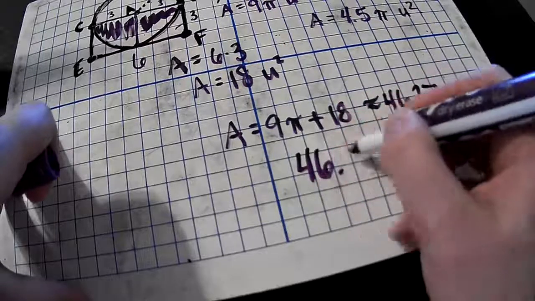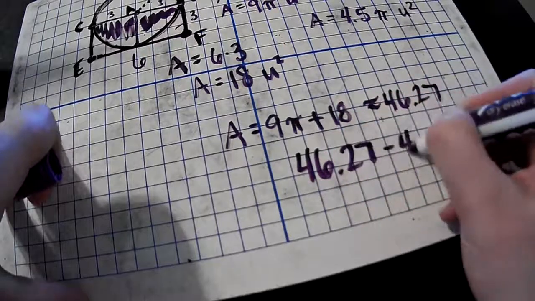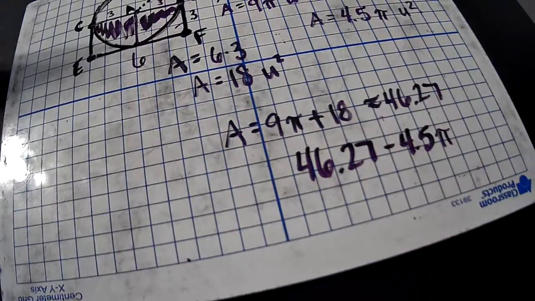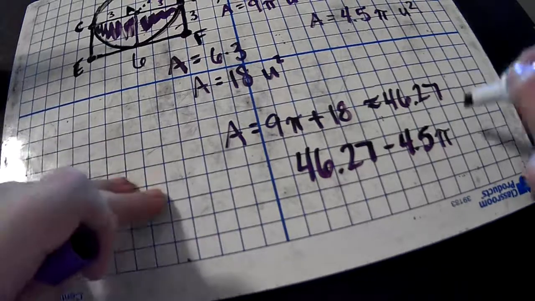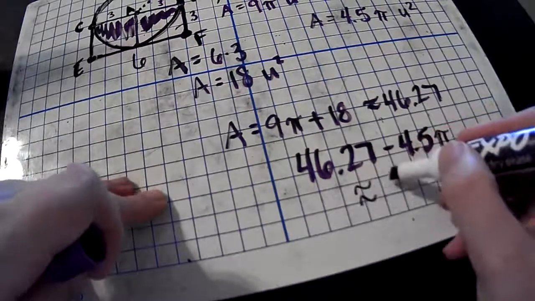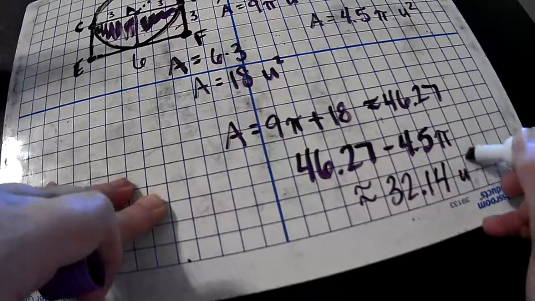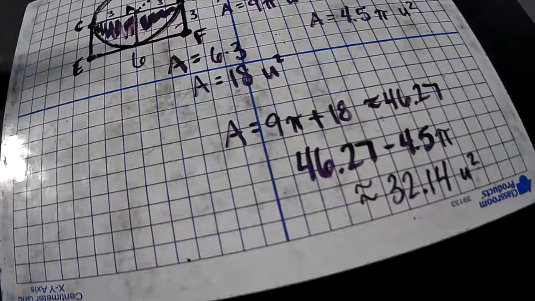So 46.27 minus 4.5 pi square units, that's the amount that got counted twice. All right, and so I'm getting approximately, and again, this is rounded, 32.14 square units.